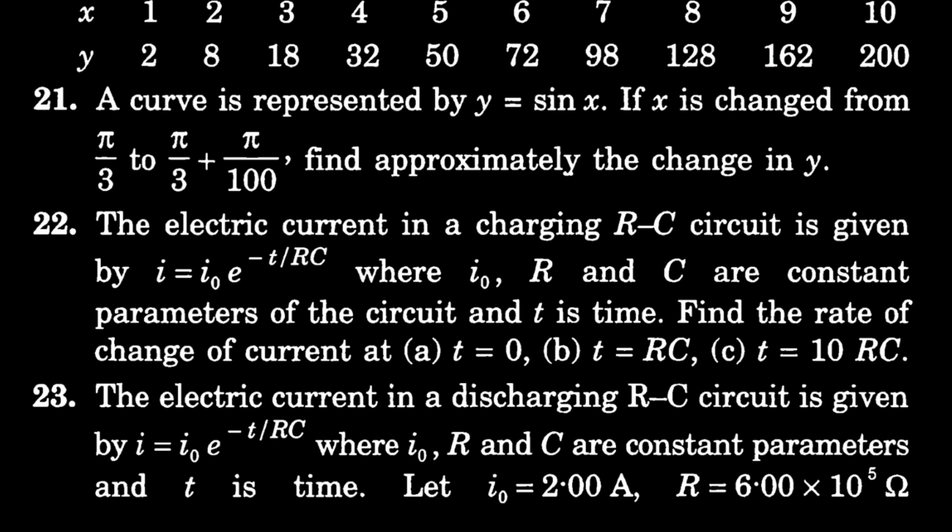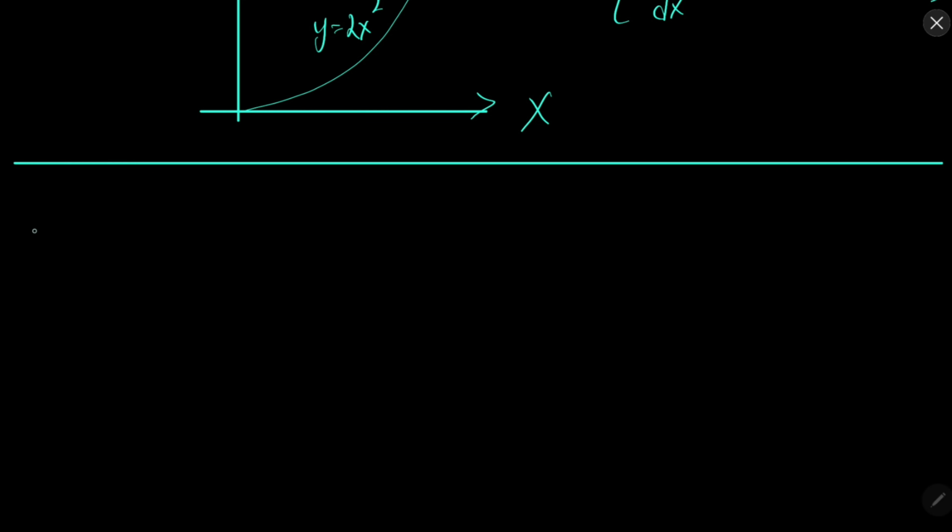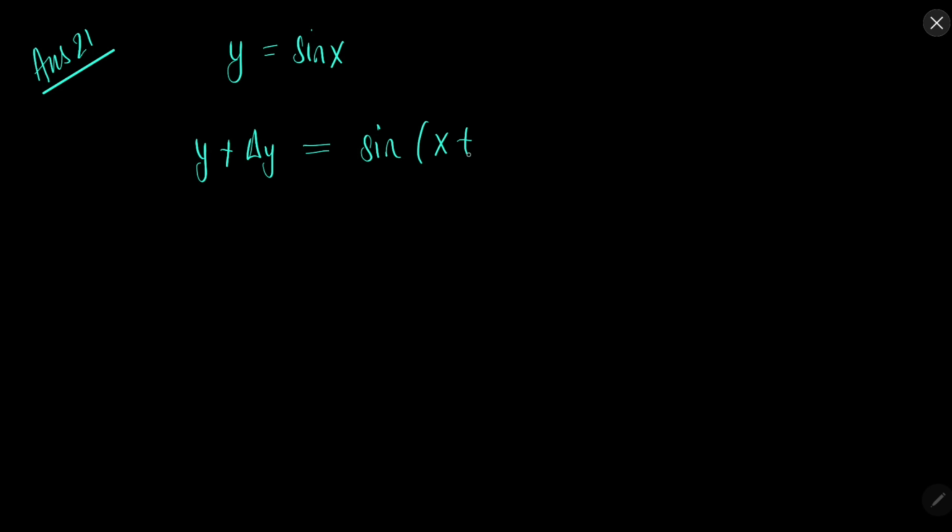In question 21, a curve is represented by y equal to sin x and x is changed from pi by 3 to pi by 3 plus pi by 100. So we need to find approximately the change in y. So the answer to the 21st: y is sin x. So let's say a slight change in y will be there because of the slight change in x.